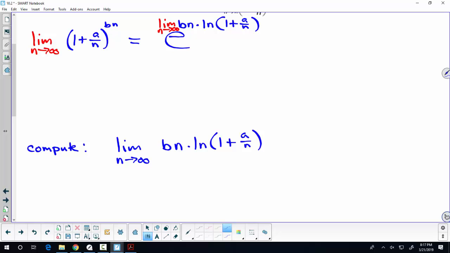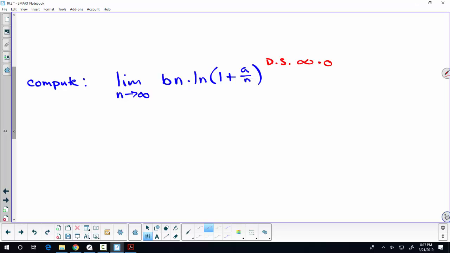Infinity times ln of 1, which is 0, right? So this direct substitution gives us infinity times 0. Still not a quotient, right? It's an indeterminate product. We've got to turn that into a quotient.